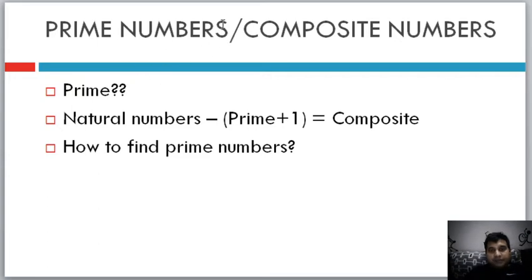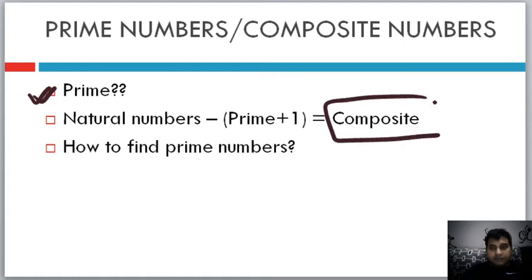Now let's come to this concept of prime numbers and composite numbers. Now that we have understood the concept of factors, it is easier to understand prime numbers. Initially, if you remember, I had said that prime numbers are numbers which have fewer factors, and composite numbers are numbers which have more factors.